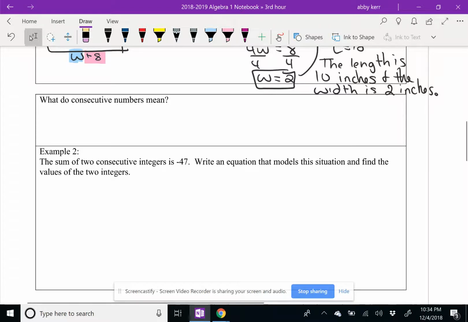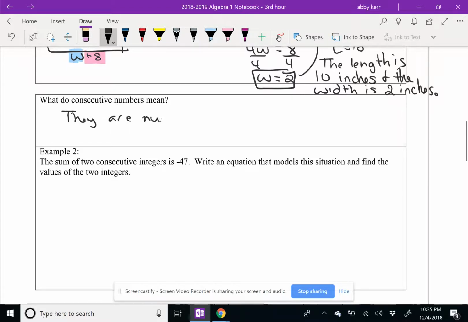Consecutive means it happens in a row. There's a pattern to it. None usually are skipped. So if you say a famous sports team won 3 consecutive NBA championships, that means in a row they won 3 championships. So what do consecutive numbers mean?